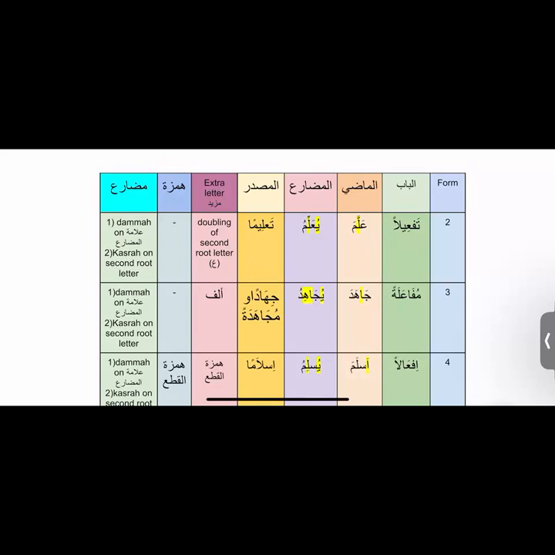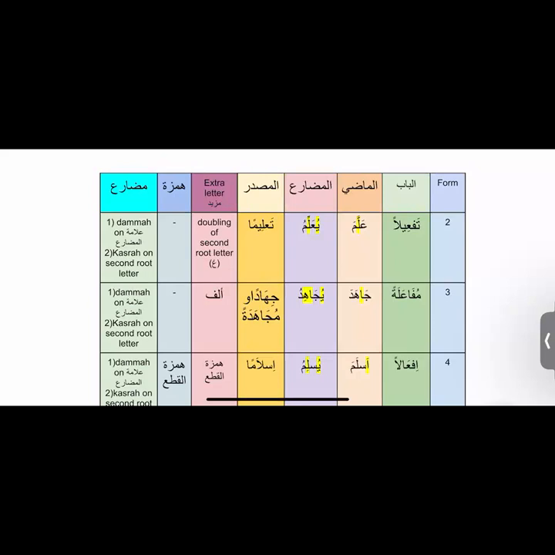So Allama yu'allimu, lam mushaddad, right? Lam with kasra, ya with kasra are the unique features, right? And are important features, not unique, but important features, because they are present in other families and they repeat themselves. But you have to look for all these in all these three families. That you will see that there is a second root letter with a kasra.